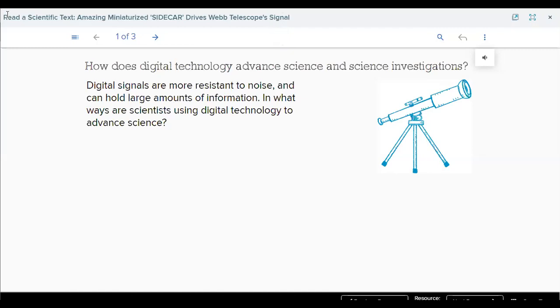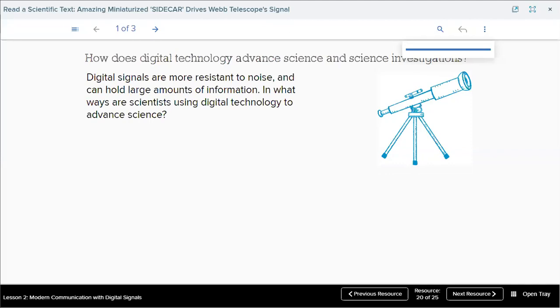Yes, I can do. How does digital technology advance science and science investigations?